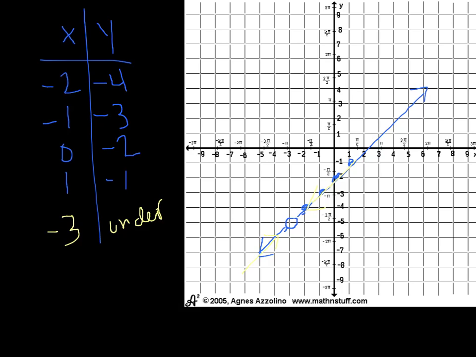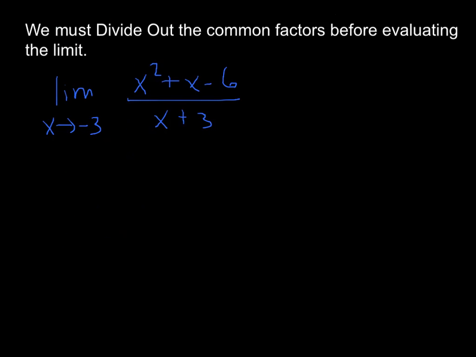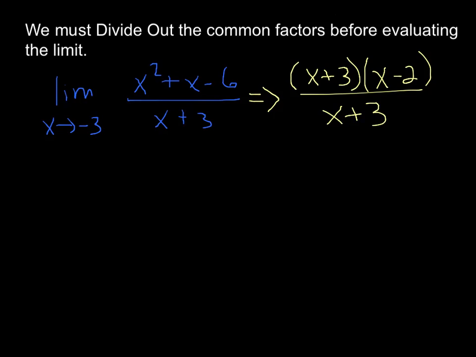Okay? So how do we find the limit algebraically? Well, what we want to do is divide out the common factor before we start evaluating the limit. If we look at x squared plus x minus 6, we could factor that to x plus 3 and x minus 2. So what happens now is that the x plus 3's are going to divide out.